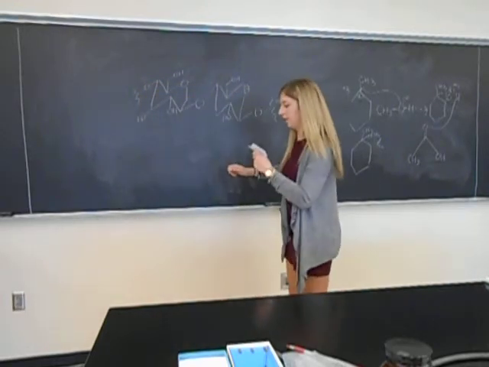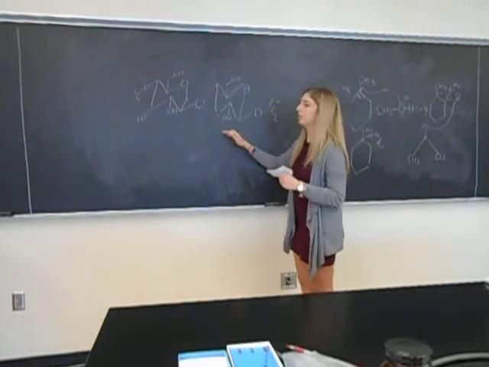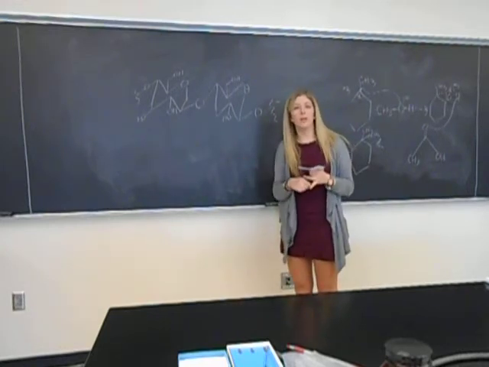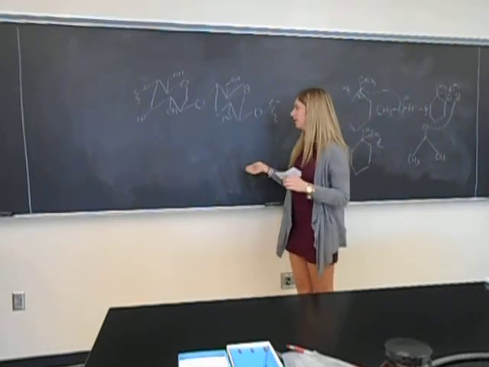So looking at this structure, this is a glucose linkage of cellulose, which we find in our bodies from foods that we consume like bread and pasta.